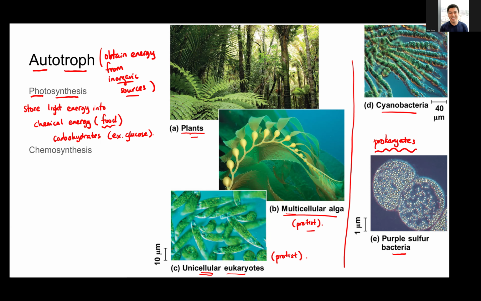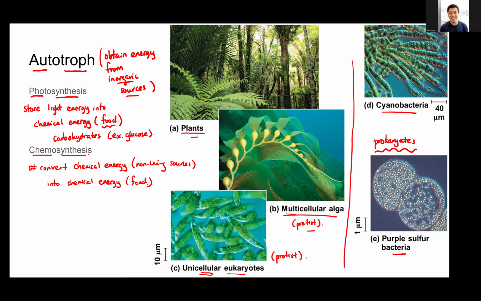Another type of autotroph can store energy through the process of chemosynthesis. In this case, they convert chemical energy from inorganic, non-living sources into chemical energy that is usable for them, right?